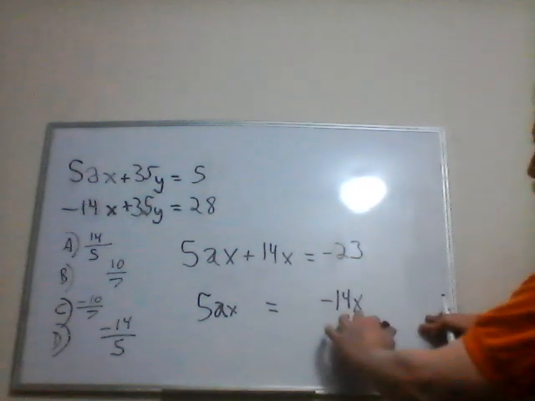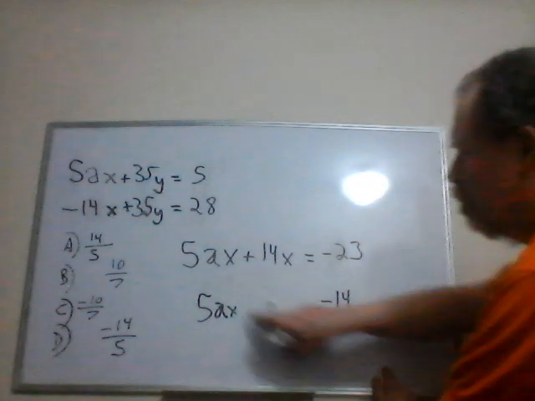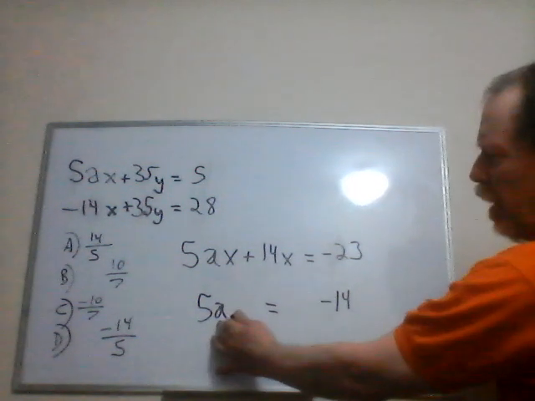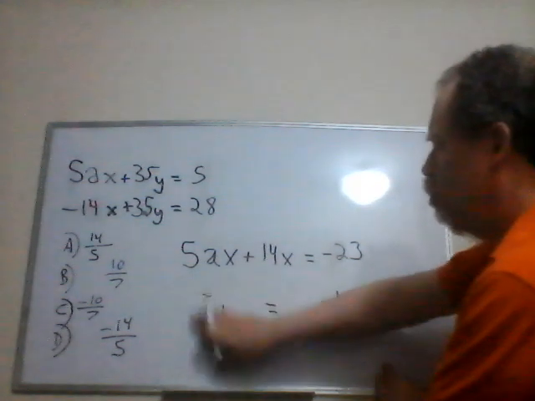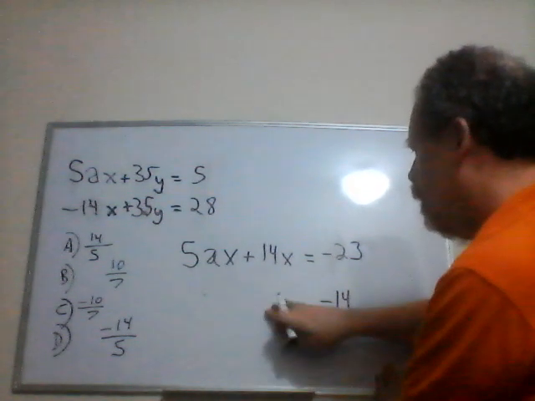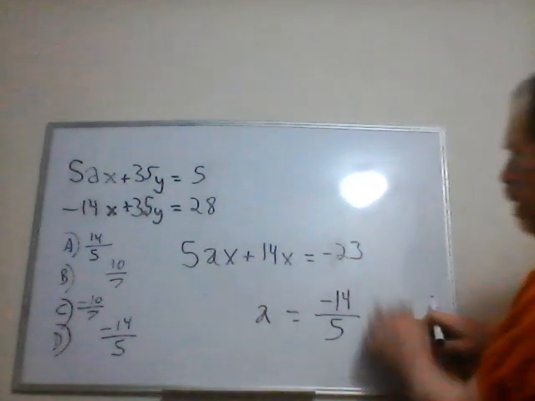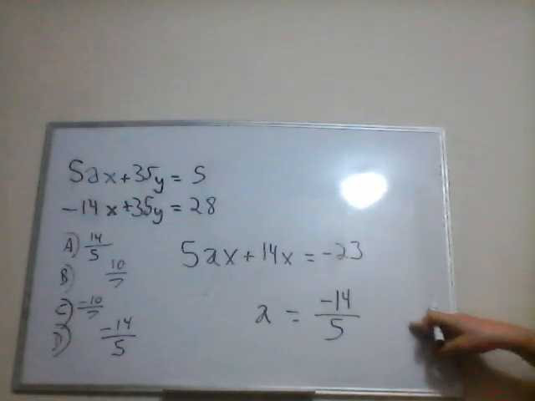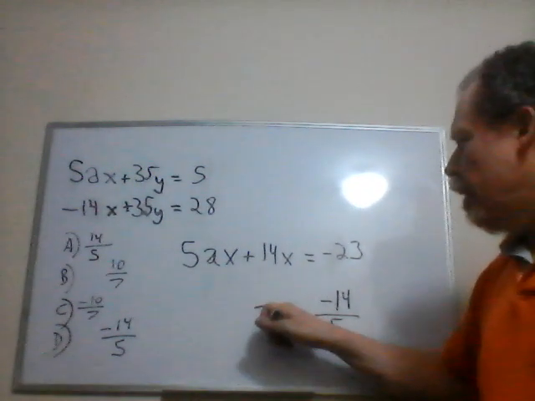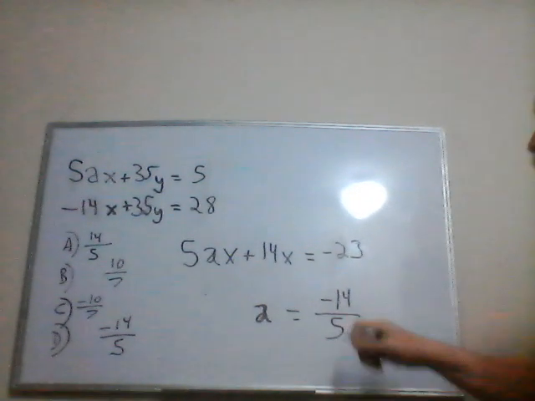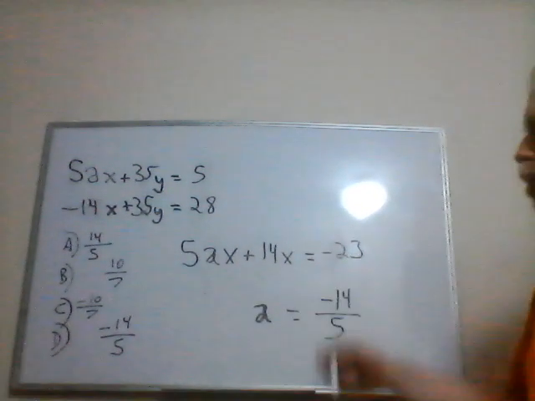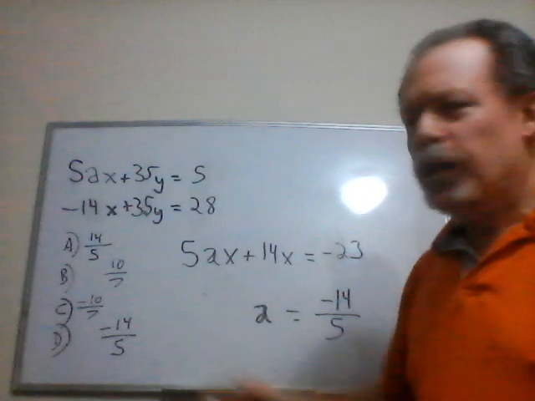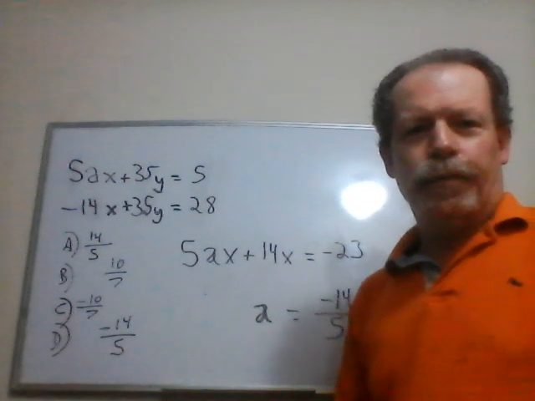At this point, I can get rid of the x's. I can take this 5 and move it over to the other side. And I have a all by itself equals minus 14 over 5. So if a equals minus 14 over 5, then this equals 0, then this equation is broken. Minus 14 over 5 should be the correct answer.